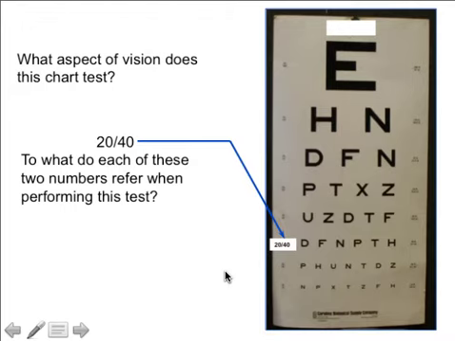Next thing you want to become familiar with are some visual tests, and what we're looking at here is a chart for visual acuity. What aspect of vision does this chart test? This tests for errors of refraction, specifically myopia. In myopia, what happens is that the eyeball is too long for the optical elements that come with it.